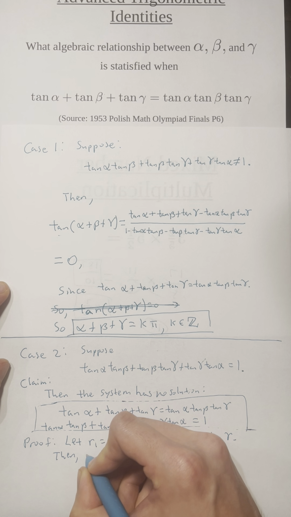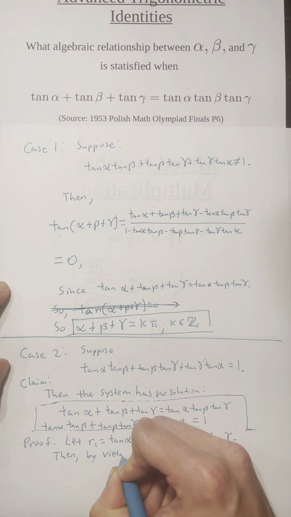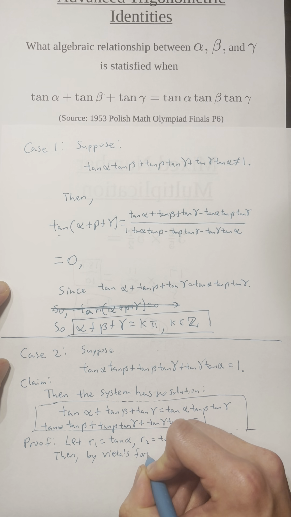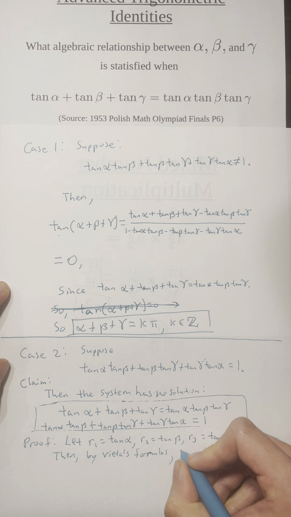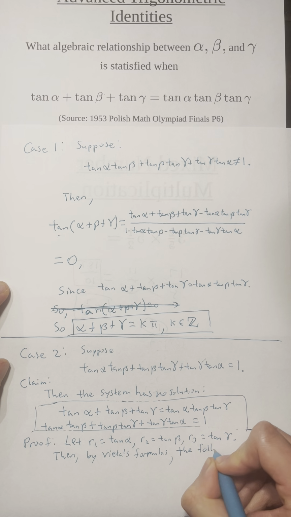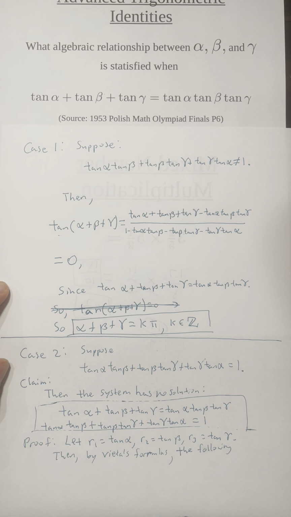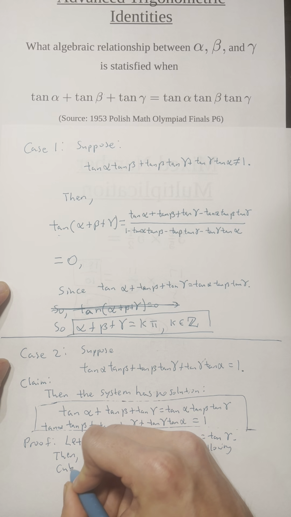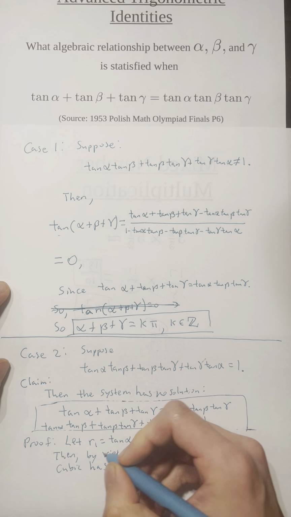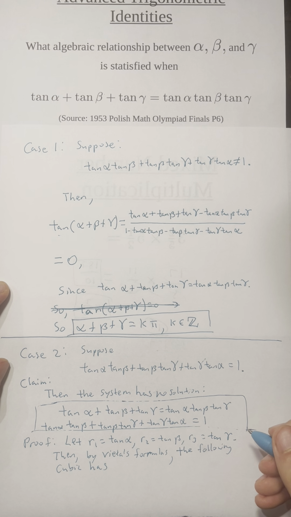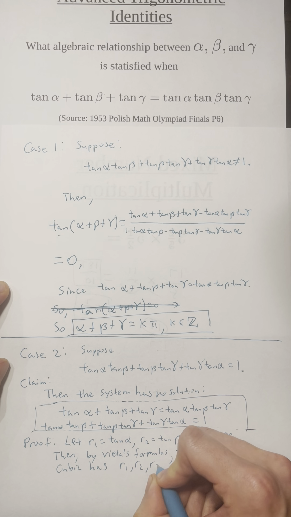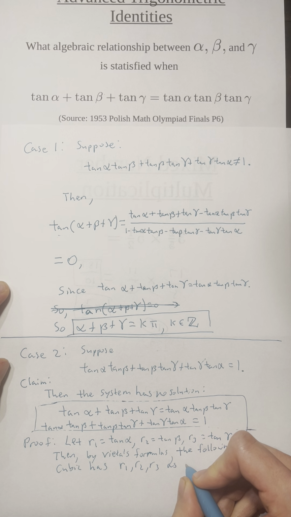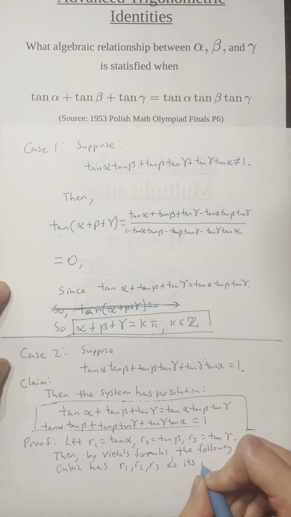Then, by Vieta's formulas, the following cubic has R1, R2, R3 as its roots.